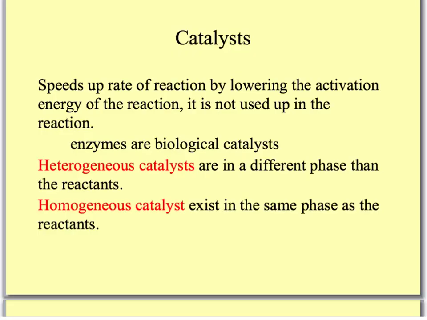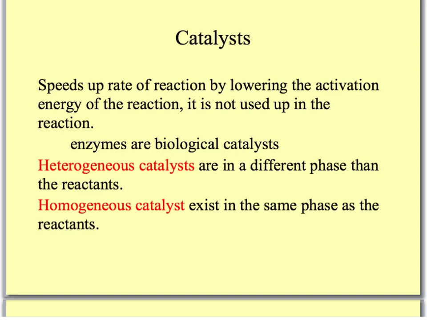Okay, I'm going to go really fast on catalysts since we've already talked about catalysts, but there's a lot of good information that you need to read at the end of the chapter regarding catalysts and the homogeneous and heterogeneous catalysts. So make sure you read up on your chapter. But you know that catalysts speed up the rate of reaction by lowering the activation energy.